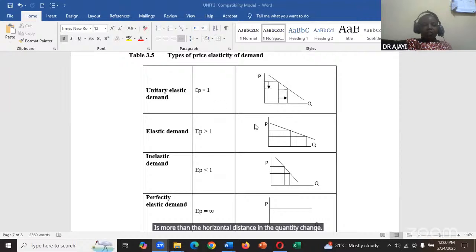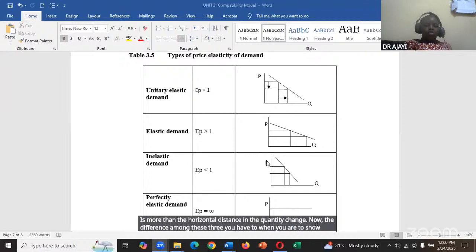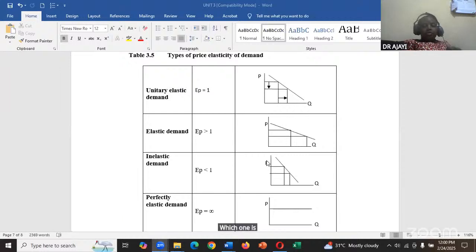Now, the difference among these three: when you are to show it through a graph, or if your questions want you to identify which one is elastic and which one is inelastic, you have to look at the behavior. Elastic has a flatter curve, inelastic has a steeper curve.